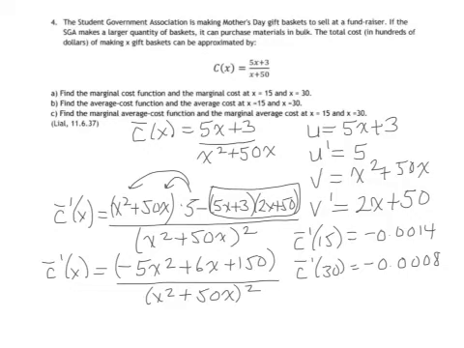And so you can see that the effect of making more baskets again shows that you're going to be having a lower or less marginal average cost the more baskets you produce.